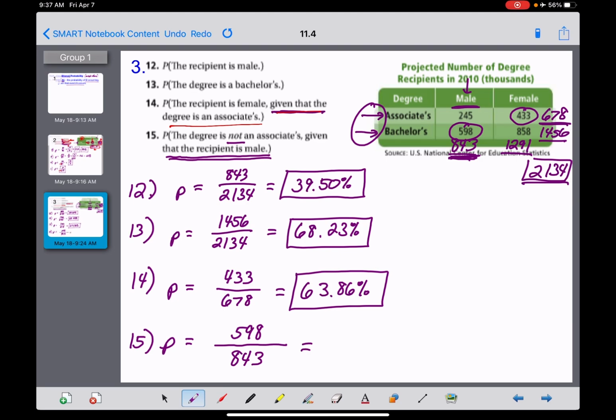But anyway, this one's about done. We'll take 598 and divide that by 843 and get 70.94%. So to interpret that one right there, out of all the male degrees that were given out, almost 71% of them were not associate's, meaning that they were bachelor's degrees.